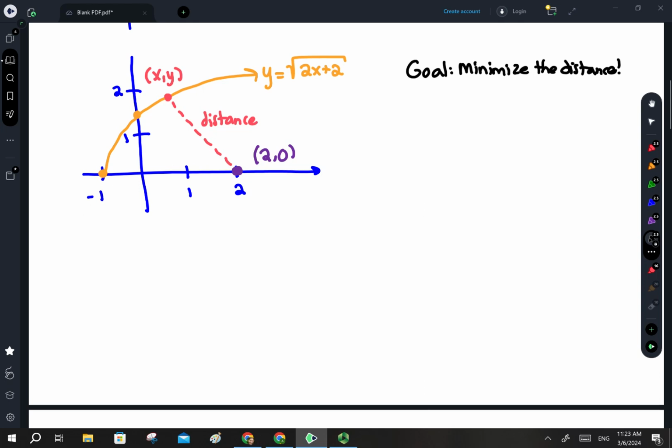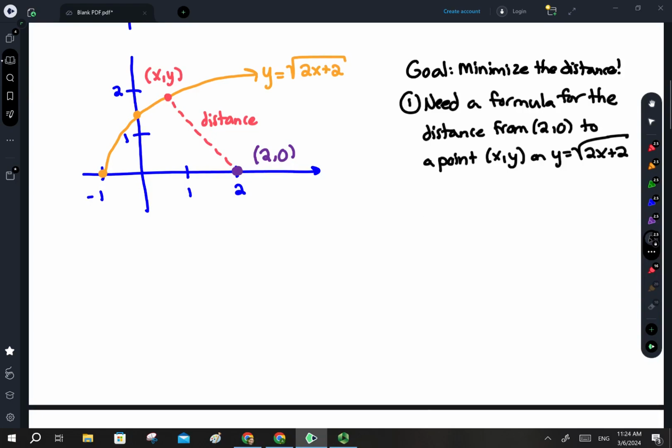So our first step is going to be to write a formula for the distance between the point (2, 0) and any point on the curve y equals the square root of 2x plus 2. Lucky for us, there's a formula for the distance between 2 points. It's called the distance formula. It's essentially just the Pythagorean theorem.